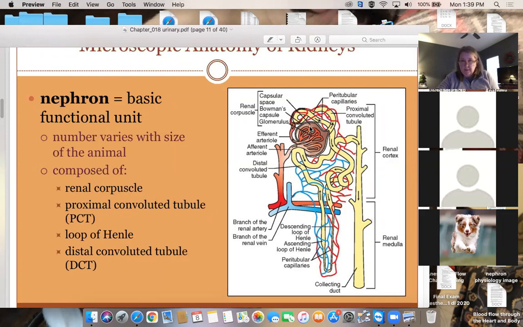What's inside the capsular space is called glomerular filtrate, and glomerular filtrate is going to become urine. Right after it gets pushed out of the glomerulus into that space, it has become glomerular filtrate.